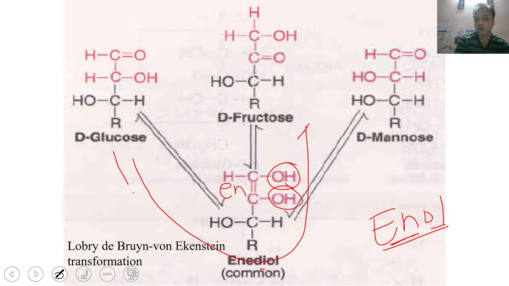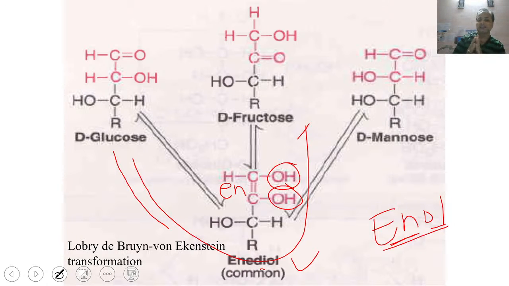First glucose will be converted to enediol form, and then this enediol will be converted to fructose, or similarly fructose will be converted to enediol and enediol will be converted to glucose. So this is a tautomeric structure where in alkaline condition glucose, fructose, mannose can be interchanged from one compound to another.